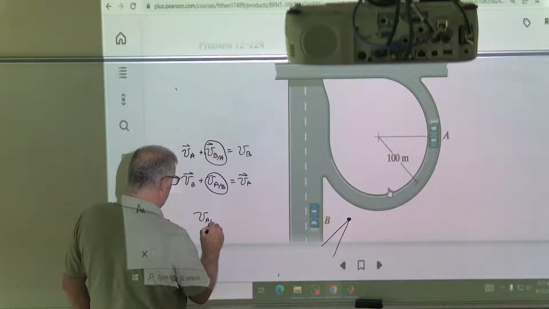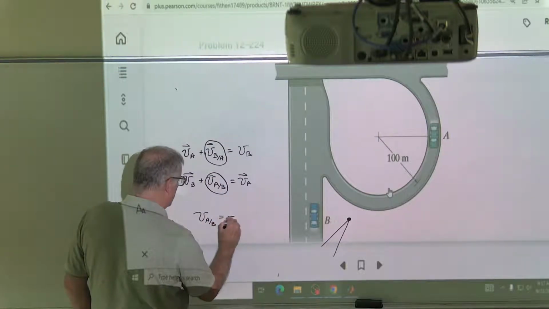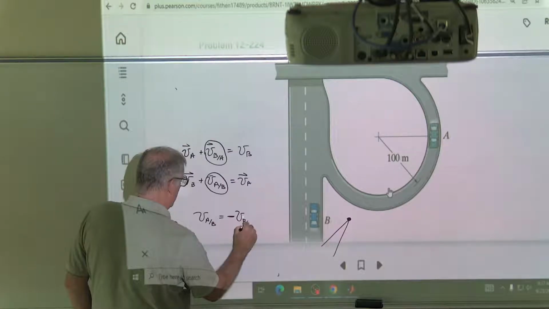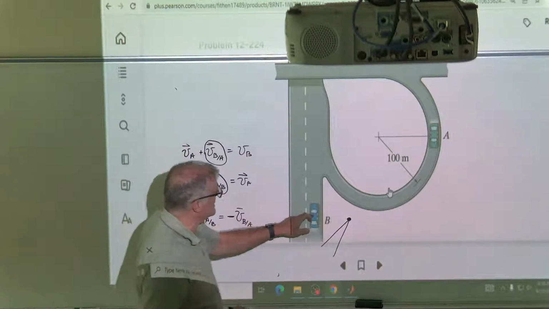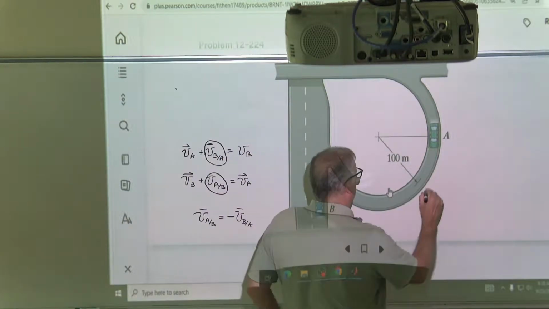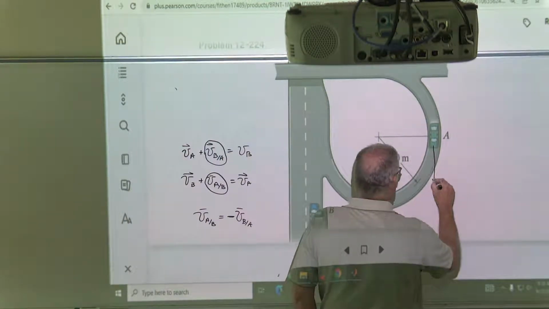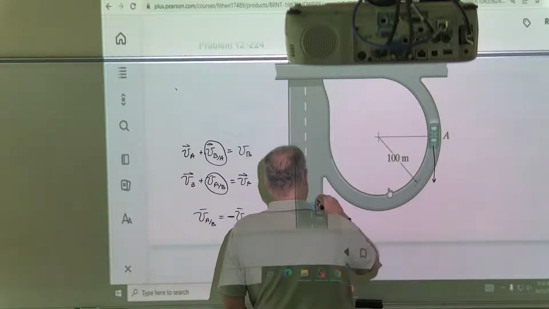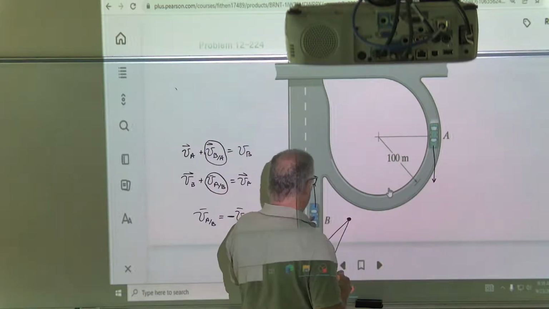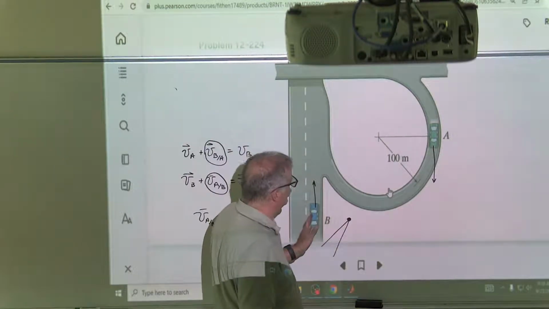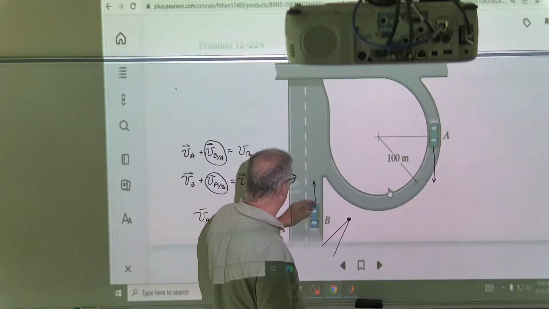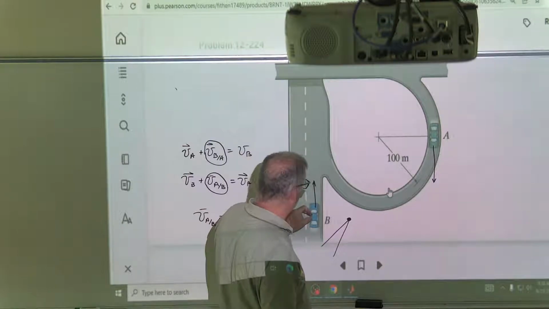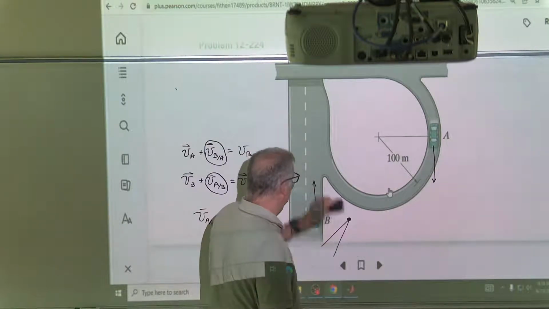Velocity A relative to B is equal to minus velocity of B relative to A. So as a person in B looks at A, he's going to see, let's just say what they're looking at is this. He's going to see this velocity versus this.